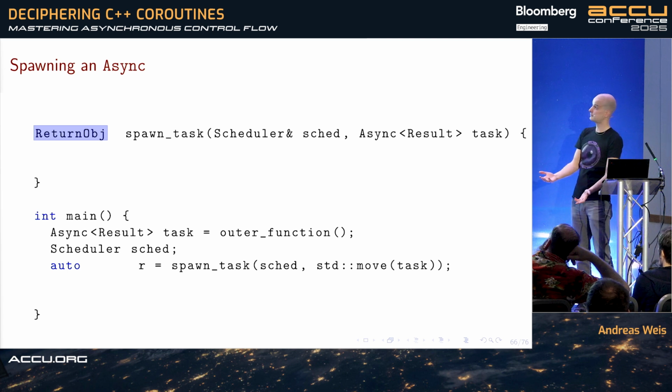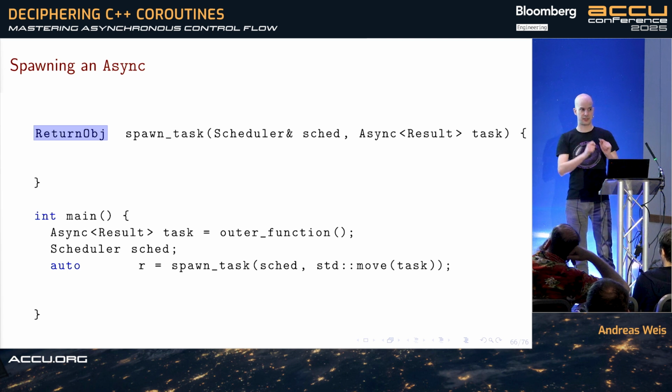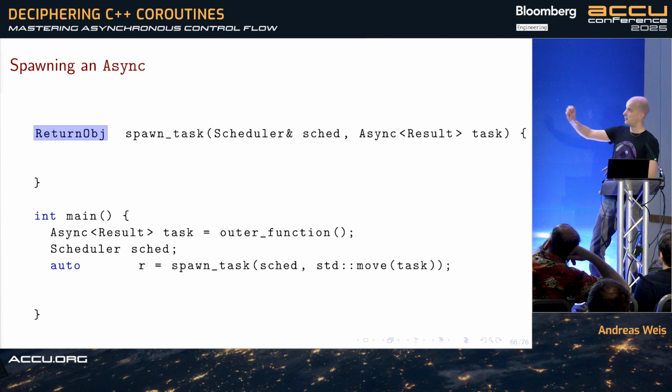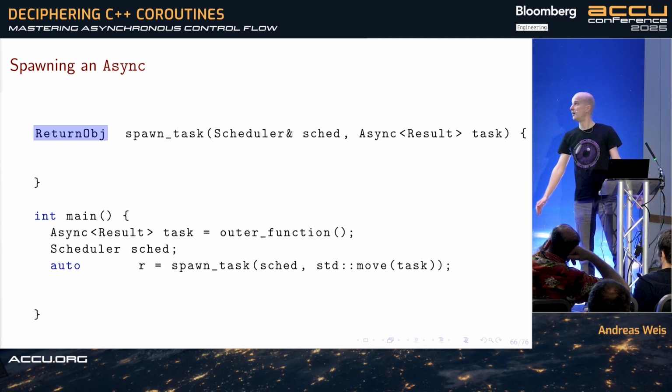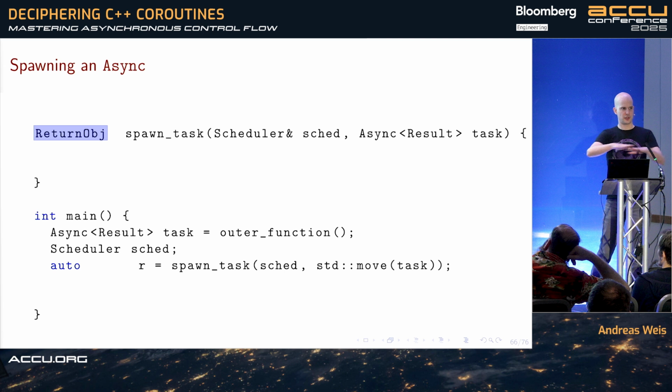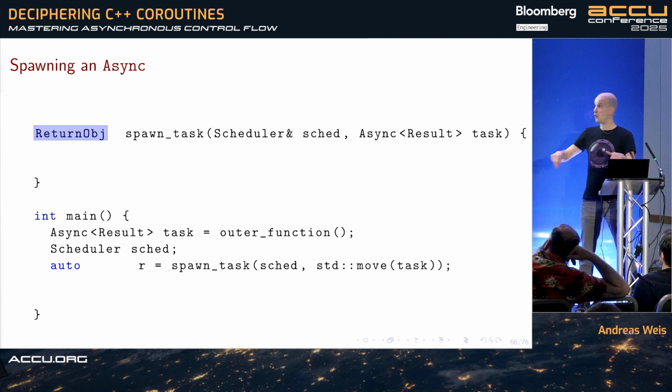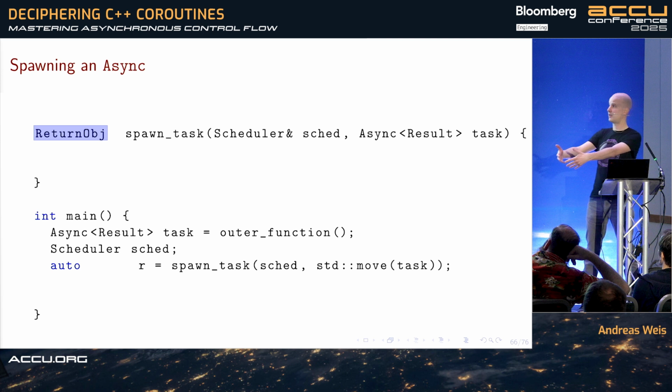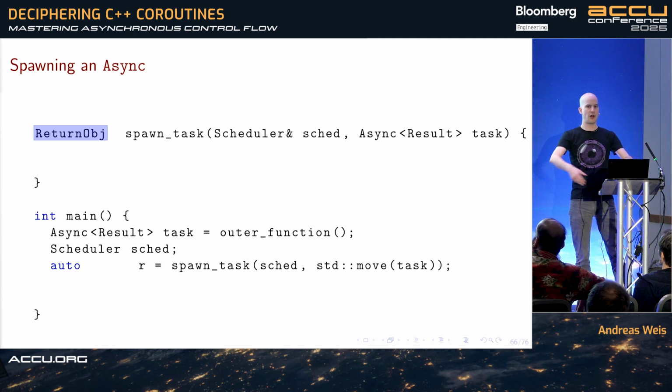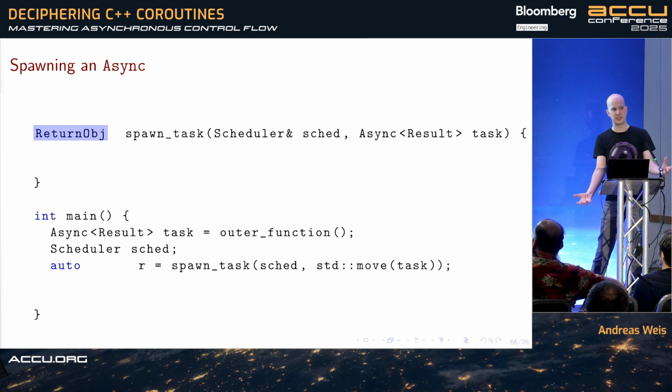But as we saw in the very beginning, the caller of spawn task does not know that it's a coroutine. So main does not know anything about coroutines. Spawn task is the terminal point. Spawn task itself is a coroutine, but whatever interface the return object exposes to main, we don't want that to include any coroutine-y stuff.